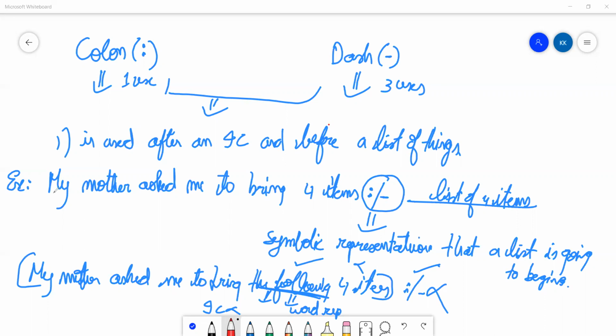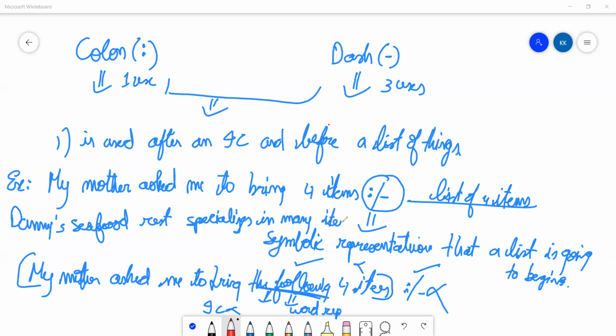Understood? Many people make this mistake. They write it like this. Suppose, for example, Danny's seafood restaurant specializes in many items such as, and they put a colon or a dash and then they write the list.